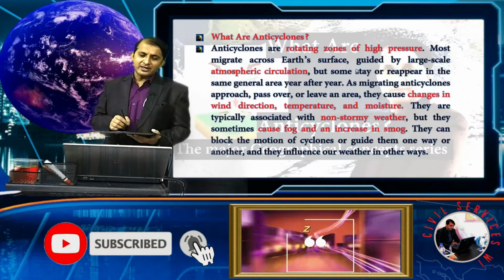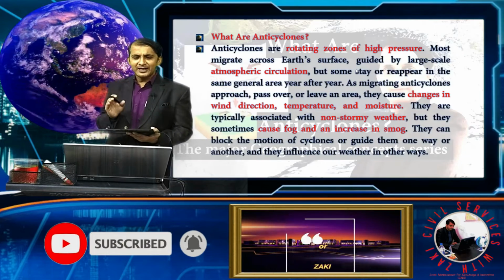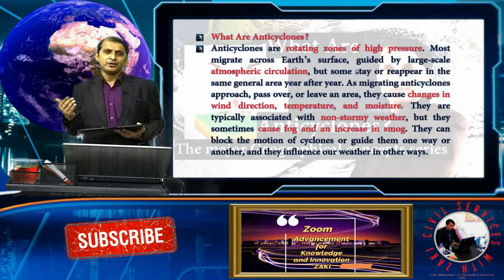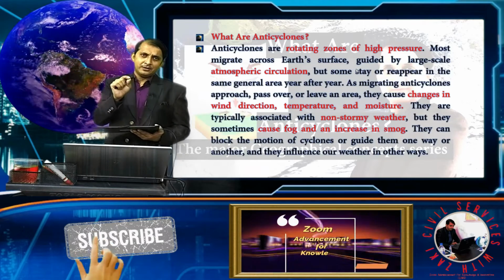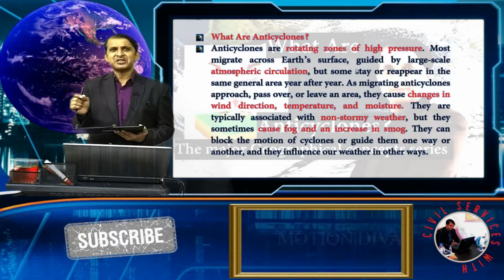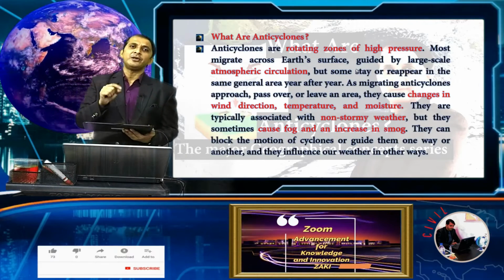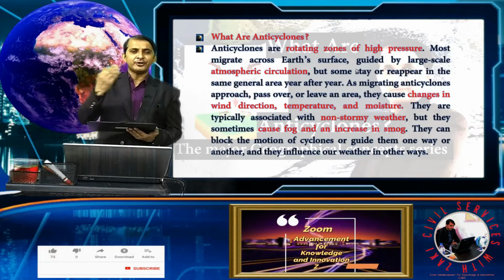Most migrate across the Earth's surface guided by large-scale atmospheric circulation. Basically, these are guided by the Rossby waves, the jet stream, and so on. These are parts of the large-scale global circulation of the wind.